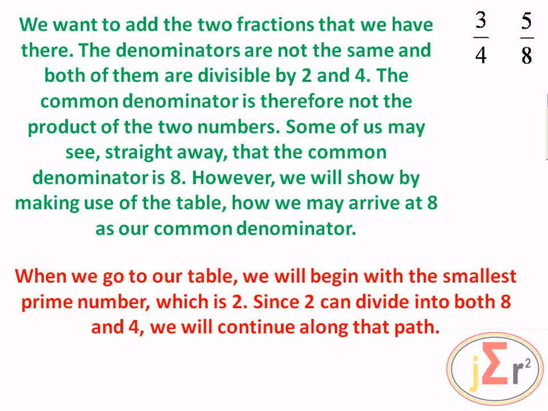Right, Jerry is saying very quickly that 4 8s, 32. But we are not using 32 as our common denominator because there is a number smaller than 32 that 4 and 8 can divide into without leaving a remainder. And this is so because 4 and 8 have common factors.